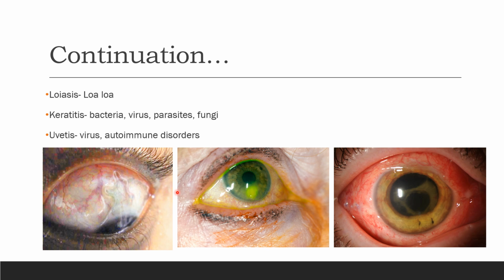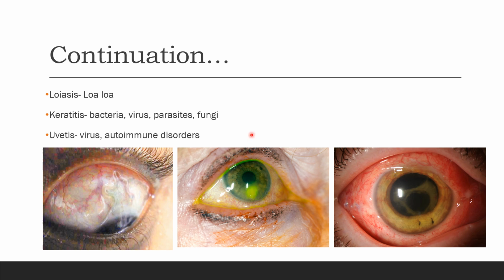And fungi that can cause it are Fusarium, Aspergillus, and Penicillium. So this is how a keratitis eye looks, basically after fluorescent dyeing has been done in the eyes. It is an inflammation of the cornea and is common in people who use contact lenses.